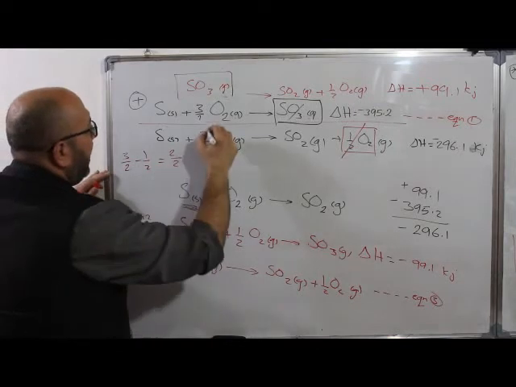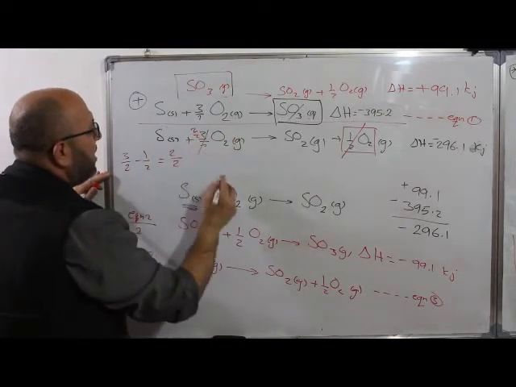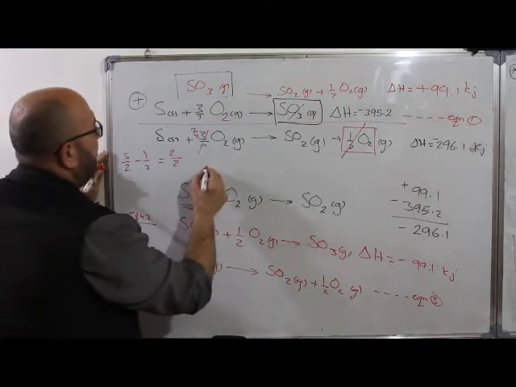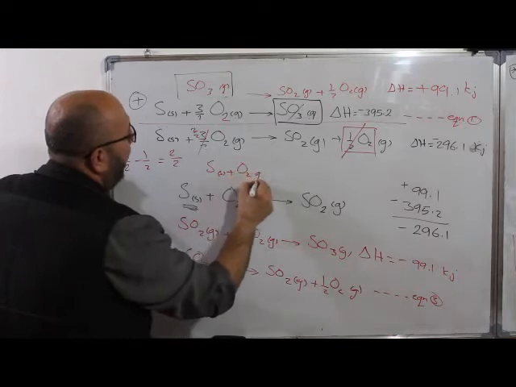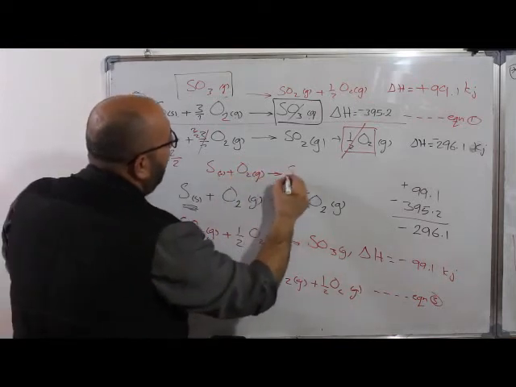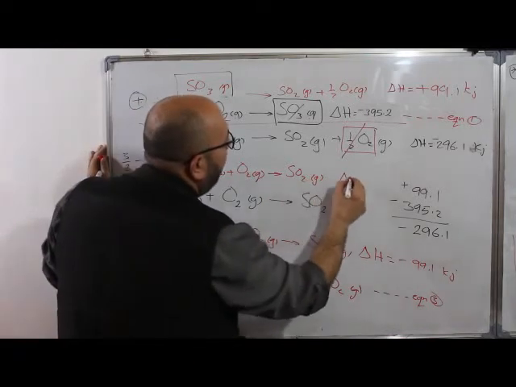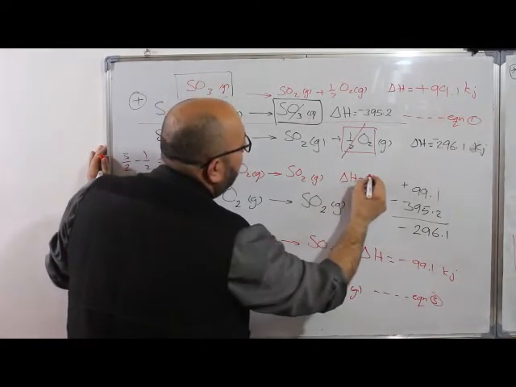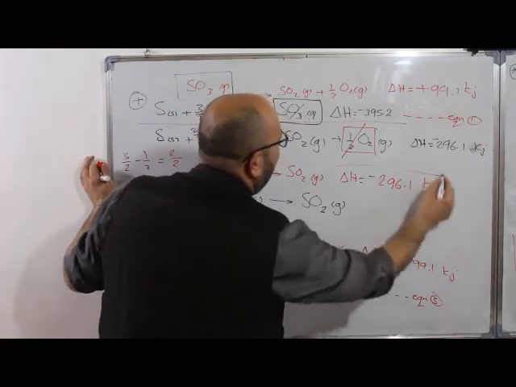So that cancelling here turned to 2 over 2, means 1. So the final answer is S in a solid state plus O2 in a gaseous state, producing SO2 in a gaseous state, and the change of heat is equal to negative 6.1 kilojoule, and that is the needed answer.